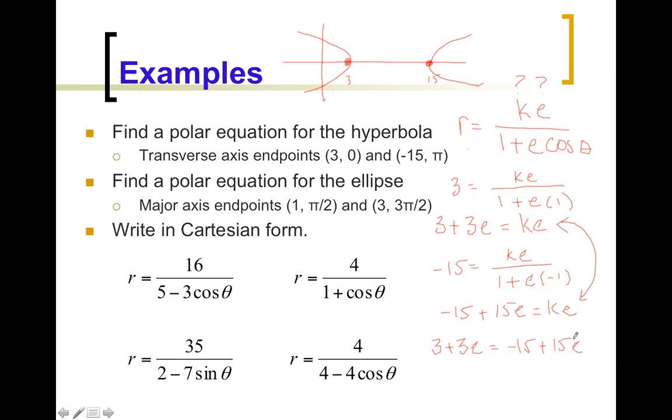Simple substitution right there. And if I add 15 to both sides and subtract 3e, I get 18 equals 12e. And you can get e is equal to 3 over 2.